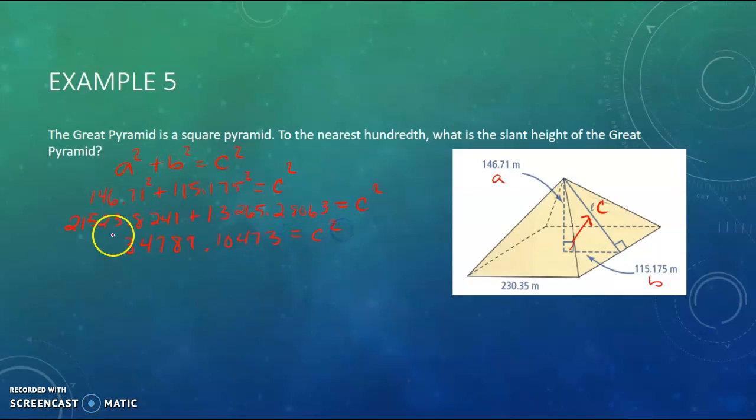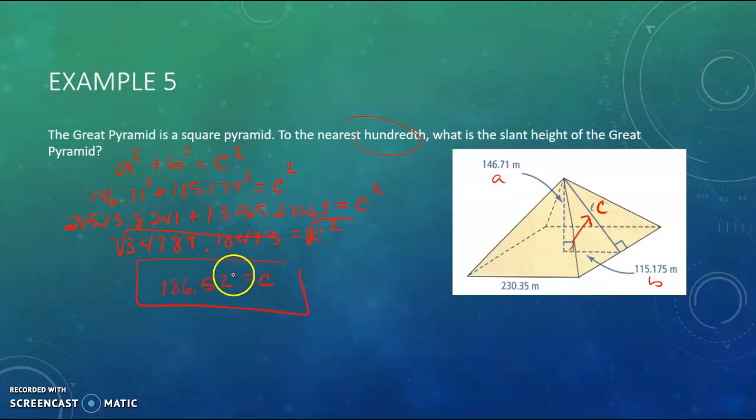So right now that's what c squared equals. So to find out what c equals, we're going to take the square root of both sides. And so the square root of this lovely number is 186 point, and it says to the nearest hundredth, so 0.52 equals c.